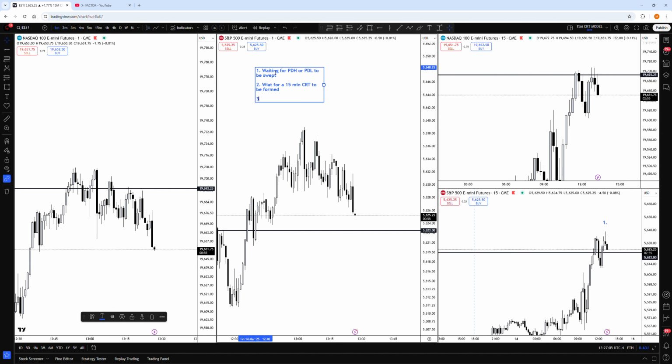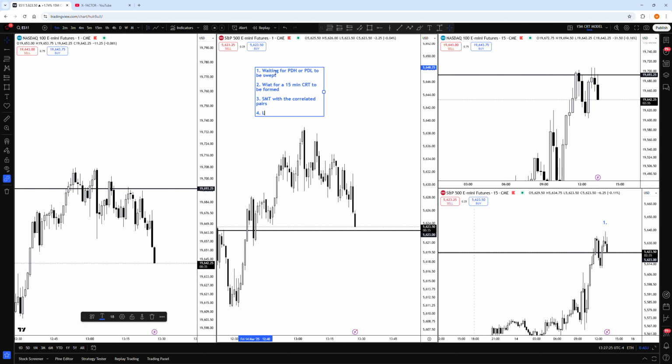Number three, this isn't always something that you need per se, but it does add a much higher win rate. SMT with the correlated pairs. And finally, number four, well, not finally, I think we have one more.